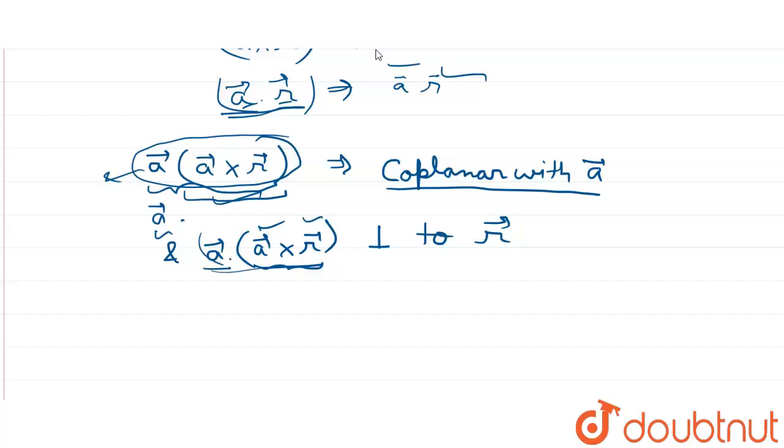So this overall vector will be in the same plane. Okay, so this a cross r vector will be perpendicular to a vector as well as r vector. So overall this will also be perpendicular to r vector and a vector.